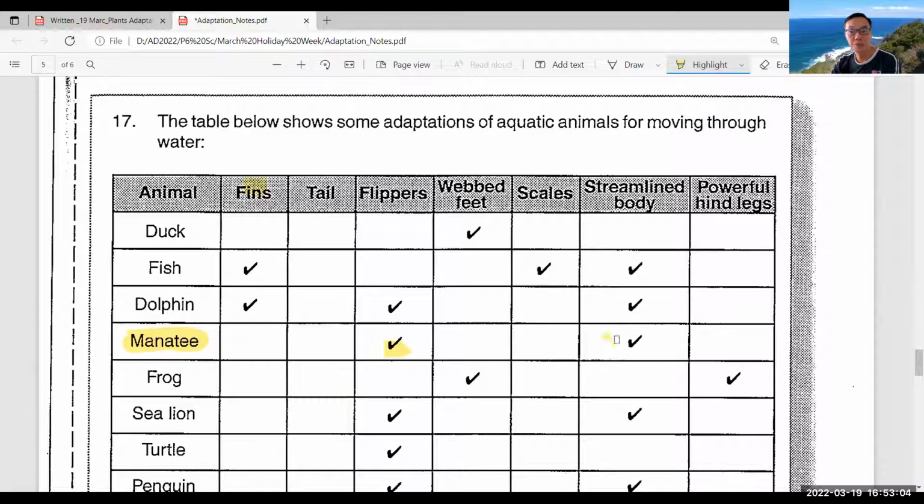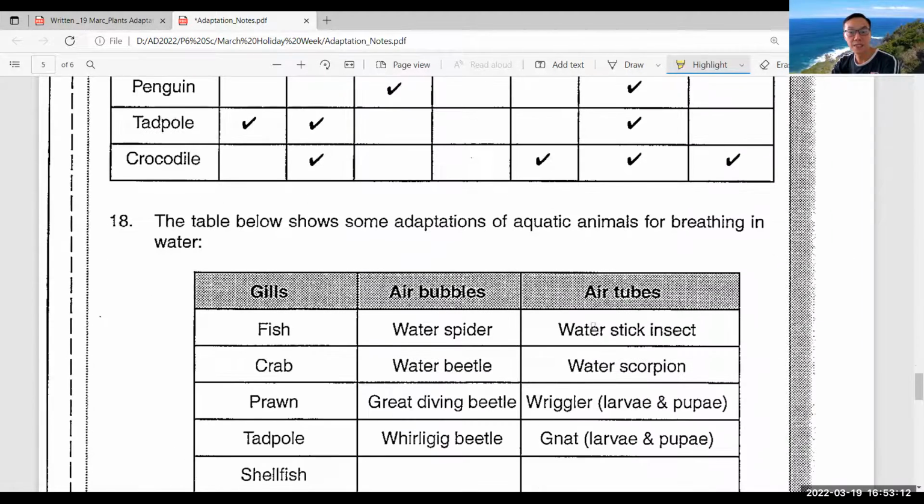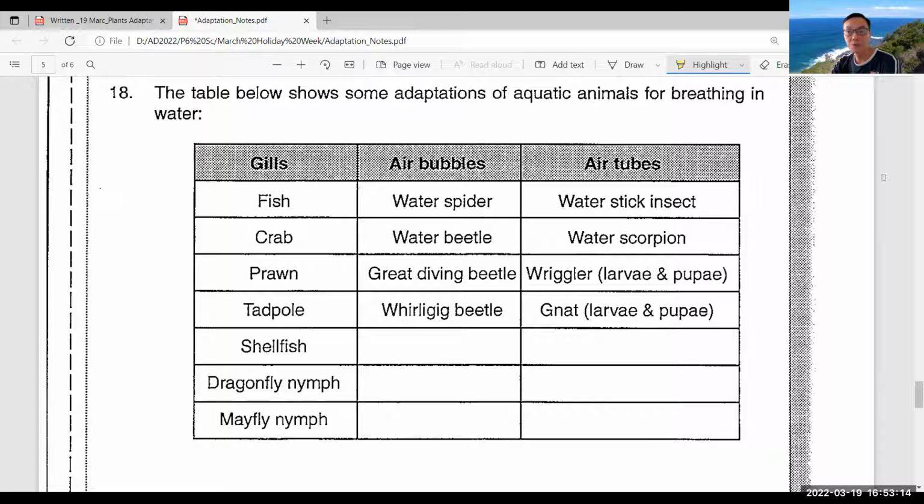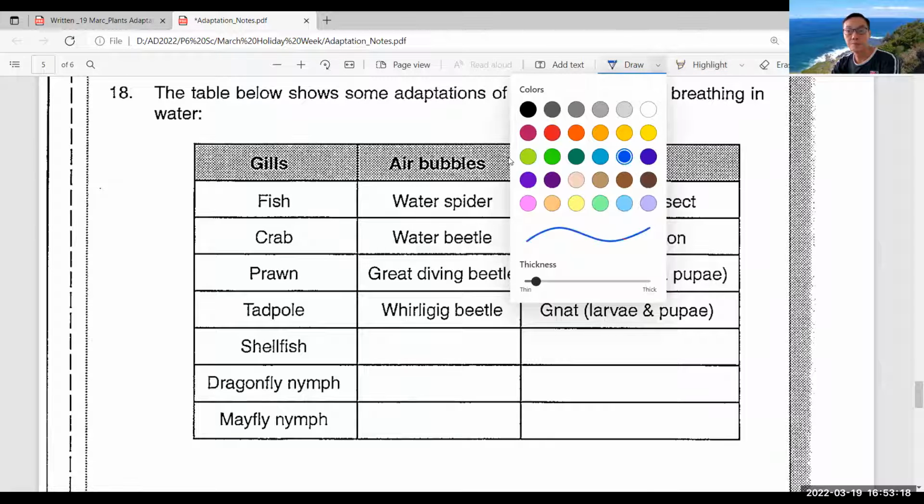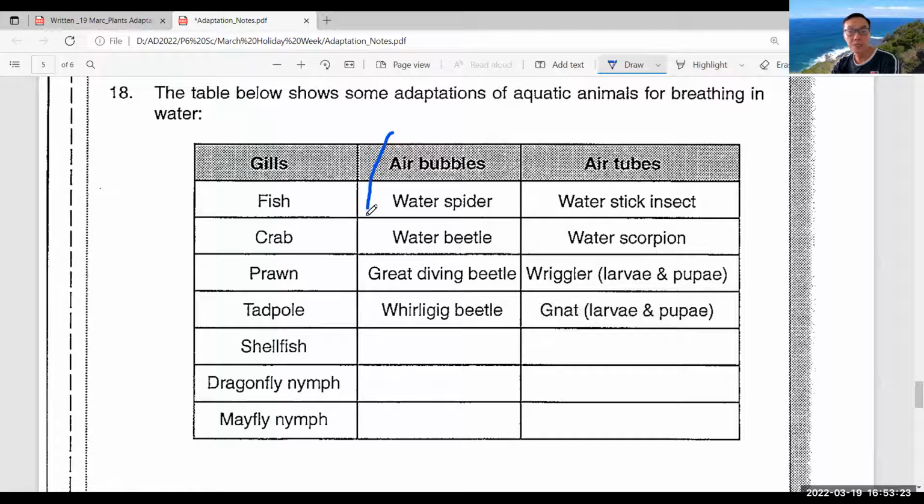It also has a streamlined body, although it's not very streamlined, because it's quite big in size. Okay, one thing I want you to take note of is this part. You can take it later after you extract the file. Okay, you notice these animals here, right? Air bubbles.